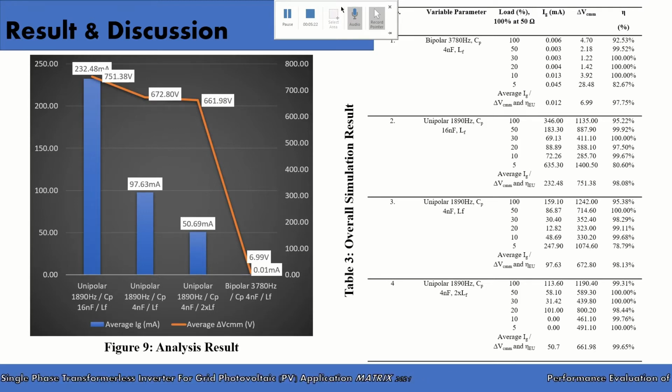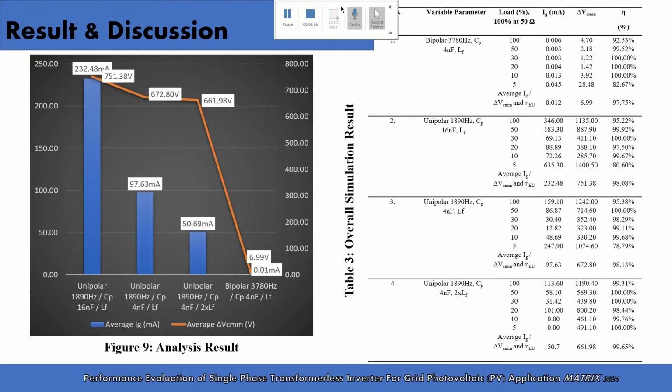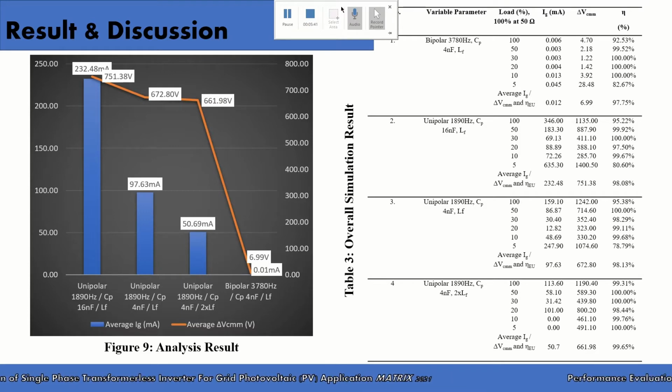As we can see from figure 9, it is clearly shown that leakage current is high when the common mode voltage changes are large, with the largest leakage current and common mode voltage from unipolar PWM with parasitic capacitor equal to 16 nanofarad. The leakage current significantly decreases by half and common mode voltage decreases by 10% when the parasitic capacitor is reduced to a quarter.